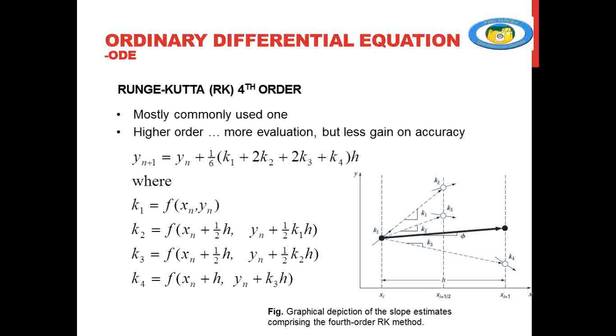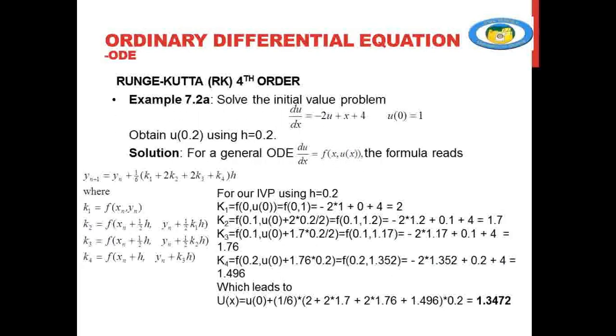Now let's demonstrate this one with an example. Now we are asked to solve the initial value problem, du per dx equals negative 2u plus x plus 4. Since it's a first order ordinary differential equation, because the highest derivative is just 1, we need to have at least one condition to be able to solve this problem. This condition is provided at the initial point, so it's an initial value problem.